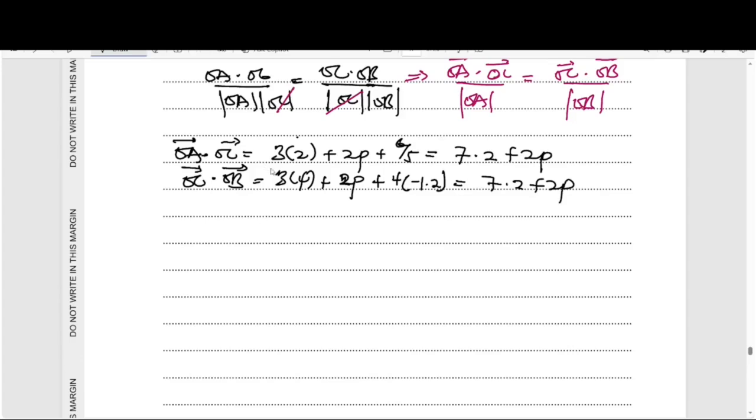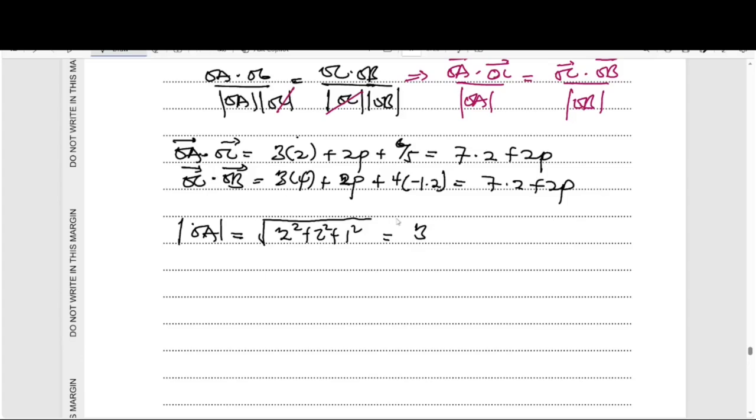So we found the dot products, and next we need to find the magnitude of A and then the magnitude of B as well. So the magnitude of A, or vector OA, remember A is 2, 2 and negative 1, so it's going to be root of 2 squared plus 2 squared plus 1 squared, and 8 plus 1 is 9, so that gives us 3.